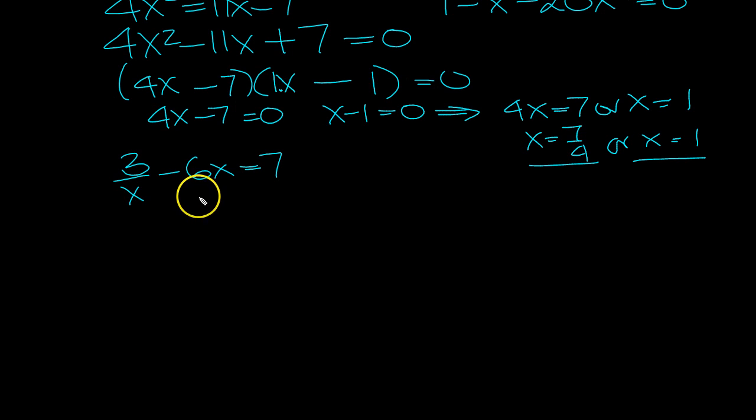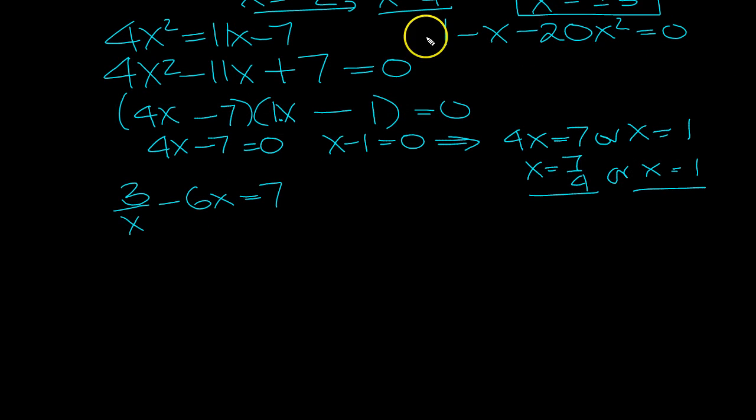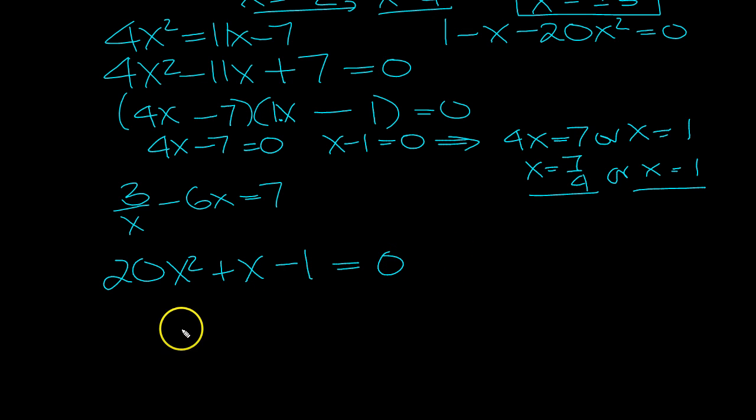In this one here, we've got that one there, haven't we? Sorry. Well, what we need to do with this, run a minus through it all. So this becomes 20x squared, so I'll write that first. This becomes plus x, and this becomes minus 1, and a minus 0 is still 0. Okay, 5 and 4. I'm tempted to do 5x and 4x because they have a difference of 1.